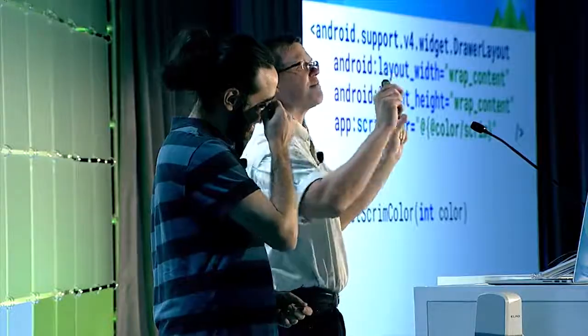Just a set in front of it. So if you have this thing with a data binding expression in it, then we will look for the setter that takes the same type of parameter. In this case, the scrim color is an int, so we say, oh, setScrimColor. We know exactly what it is. It's just automatic for you. You don't have to create this new attribute for yourself.